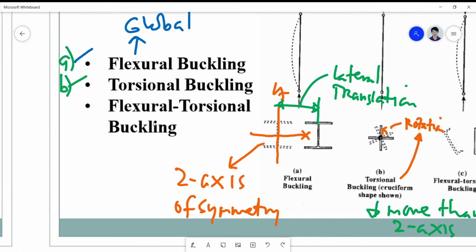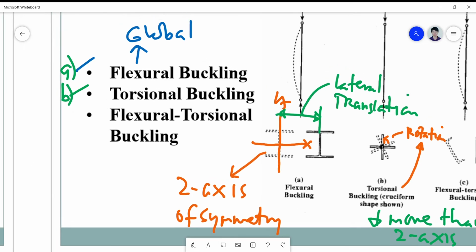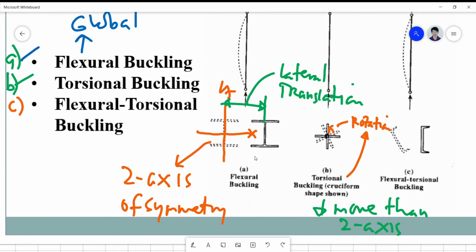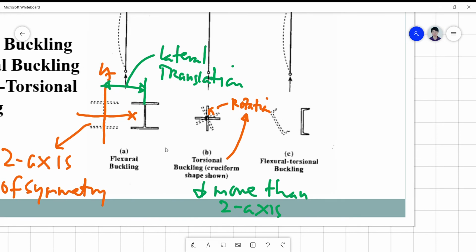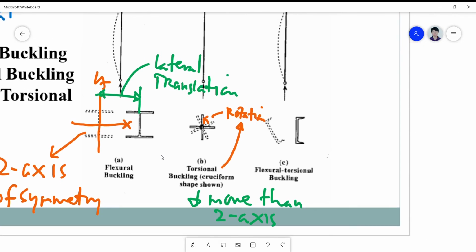the first and the second, which is called the flexural torsional buckling. So all of these are actually global buckling modes. They are just described in a manner into which the displacement is considered.